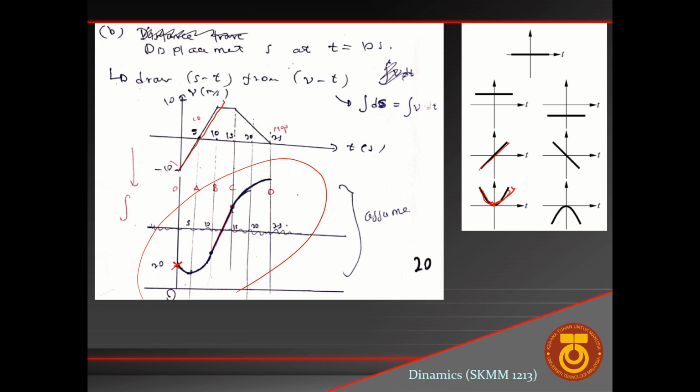The minimum value here is 0, so going to the minimum, then going upward. Then a constant increase, then a decrease but in the positive region, so you should take this part going this way. Now you have the s-t graph.